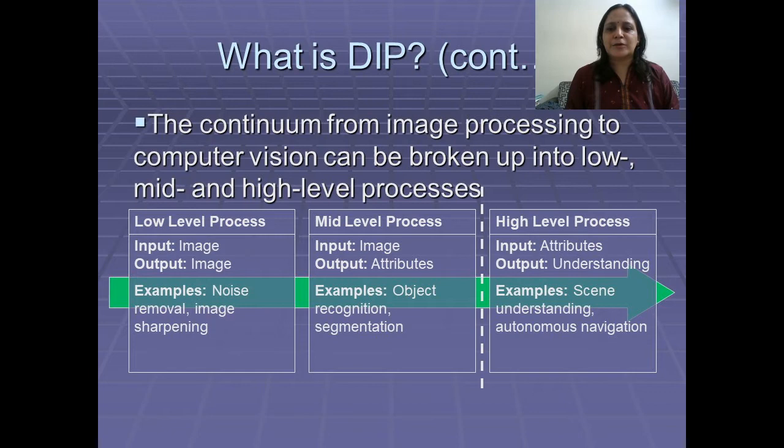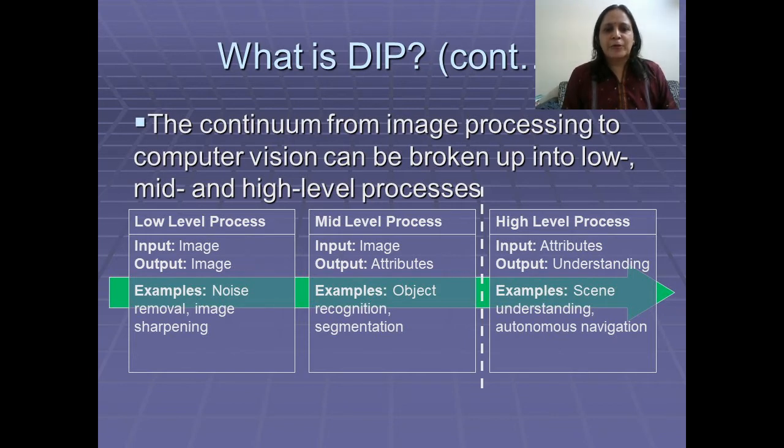And in high level processing, the input is not an image but attributes, and the output is certain analysis out of those attributes. So in high level processing we are not providing any image but only certain attributes of that image, to acquire certain information from it.